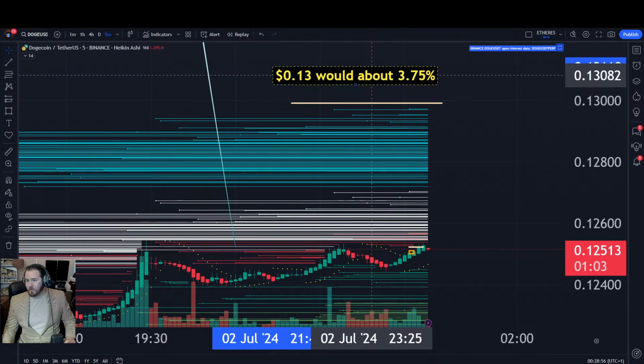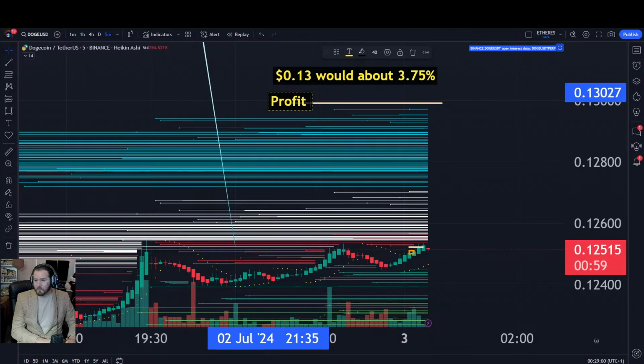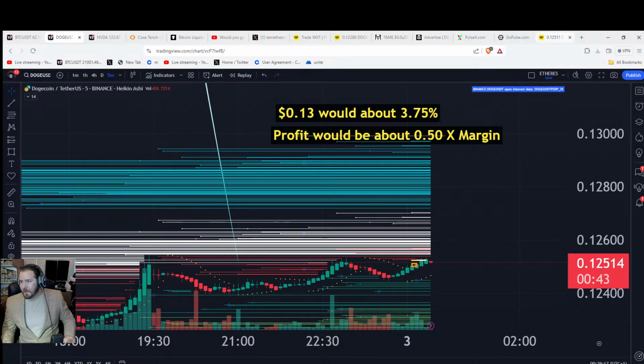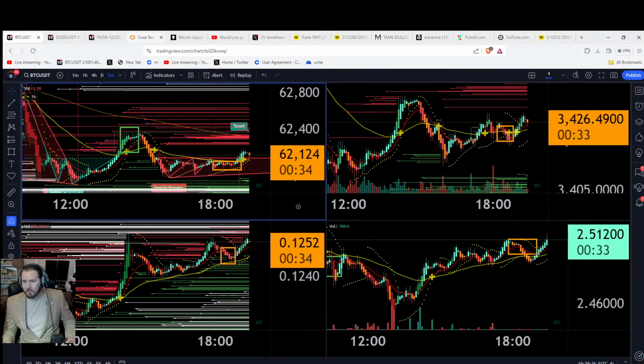So my profit would be about 50 times, so 0.50 times my margin. How much margin did I put in the trade, guys? Right here, my margin's 99.93. Let's just say $100 even, so that the math is simple.